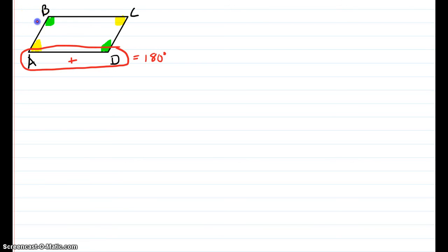And the same is true with angles B and C. They add up to equal 180 degrees.